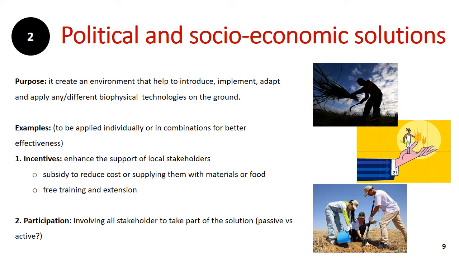However, they might not feel the value of these things, and therefore they might waste it, or they just feel, well, it's free. However, when you teach them and train them, you make them involved in the solution, and by this they will help you to do it themselves, because they know the value of what they are doing. That's why training and extension might be much better than just the subsidy, because it ensures the sustainability of the solution.